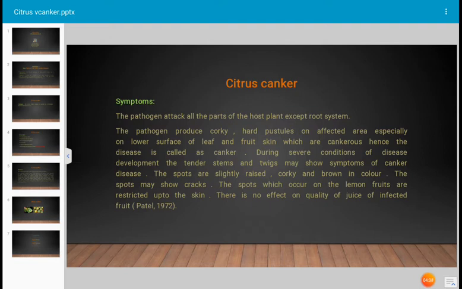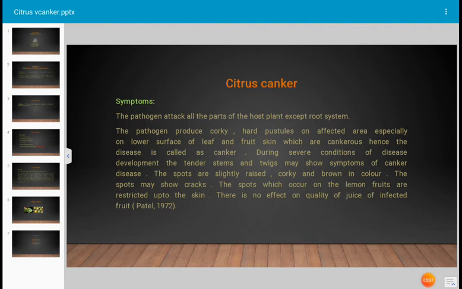The pathogen produces hard pustules which are corky, and these pustules are most prominent on the lower surface of the leaf. In severe cases of disease development, you can observe the symptoms on the fruit skin and a cankerous growth. This type of corky spots are formed on the stem, leaf, thorn and twigs, even on the fruits.